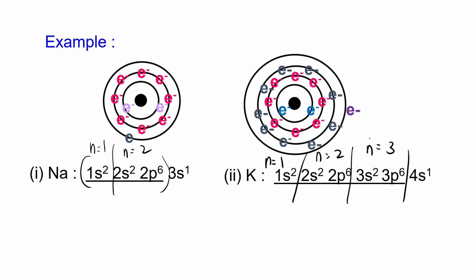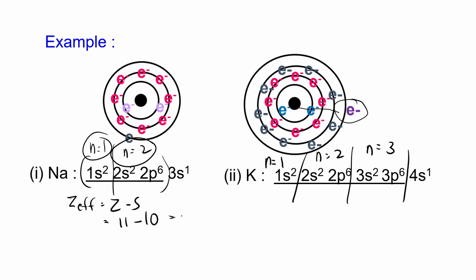So ni ada 3. Kalau ada 3 yang menghalang nucleus attraction towards valence electron yang purple ni, meaning lebih tinggi screening ataupun shielding effect compare dengan sodium. So sodium hanya ada 2 inner shell, N1 dan N2. Walaupun calculationnya ZEFF sama Z minus S, 11 minus 10, kita ada positive 1.